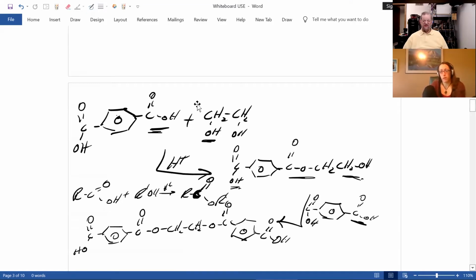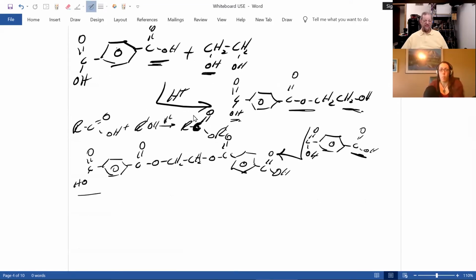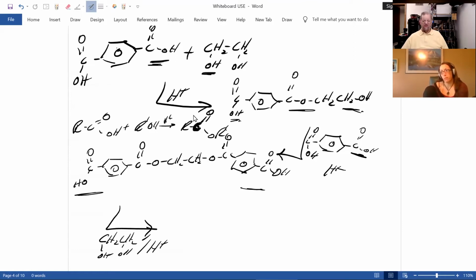Now, if you look at the ends of this new molecule, I have a carboxylic acid, and I can react this. By the way, you'd also have H plus here, with more ethylene glycol. I also have acid catalyst. And what I'd get, say if I reacted this end, carboxylic acid, ethylene glycol.